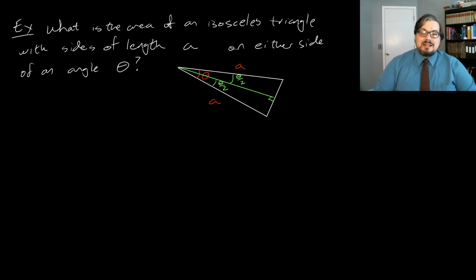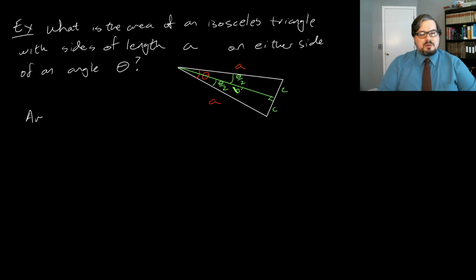So now let B be the length of the green segment right here, and let C be the length of these two half sides, the two small sides of the two small triangles.